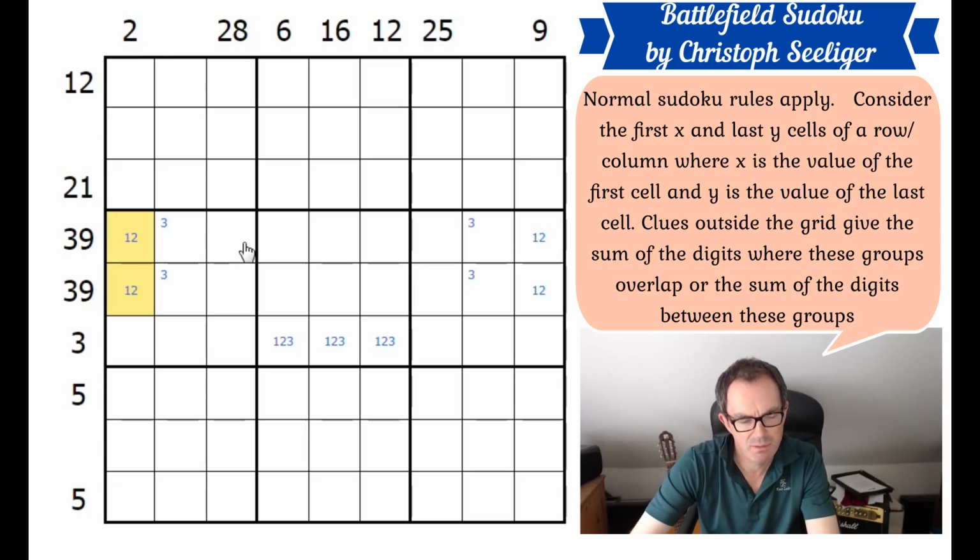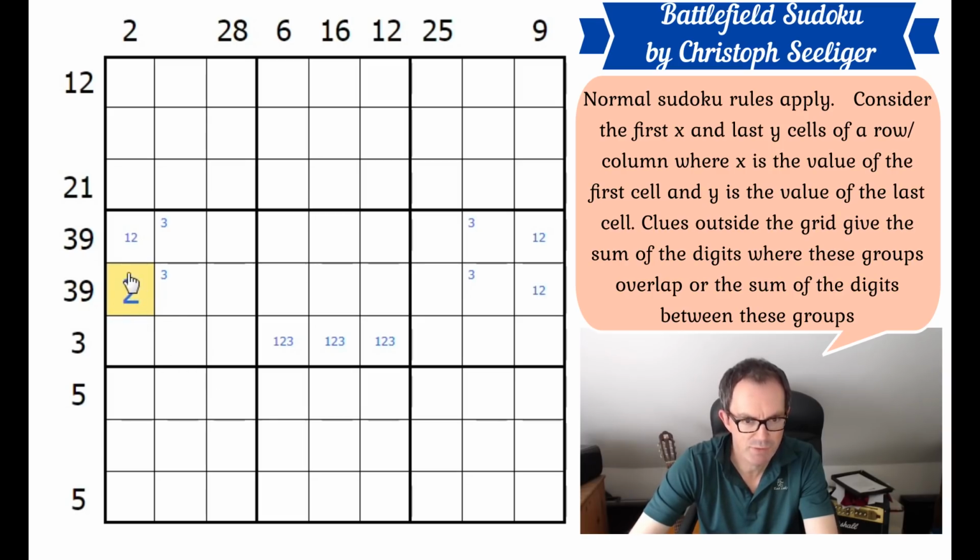Okay, so what are the options then? Now, this doesn't work. You can't put the 2 in the middle of the row. Now, you may say, why not? Well, let's think about it.